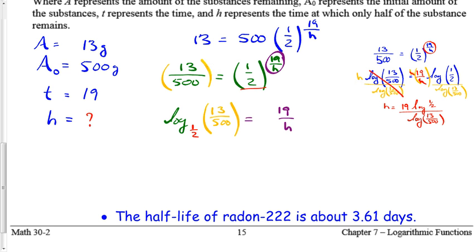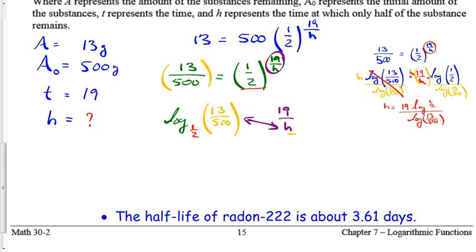Again, we have this challenge where the h is in the denominator, so we have a couple choices. If we think back to the sinusoidal functions, and when we looked at period, we discovered that we can just take the h and multiply it up there and divide this whole logarithm down on the right side.